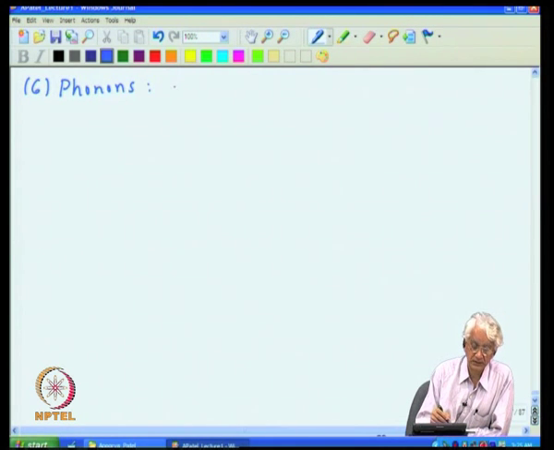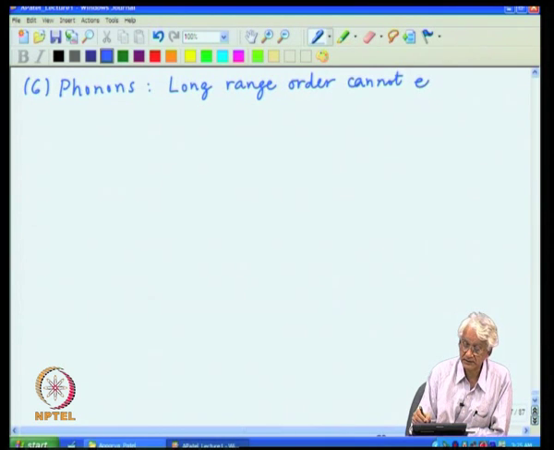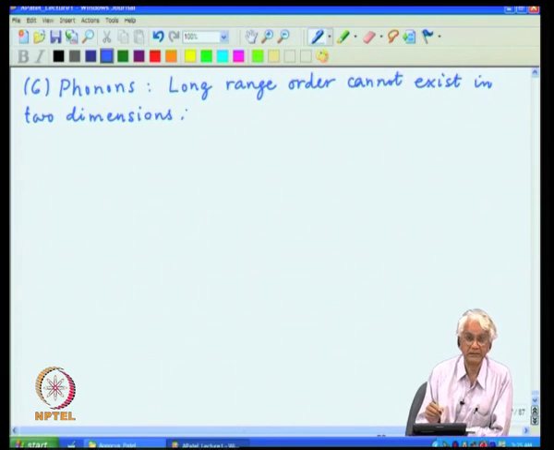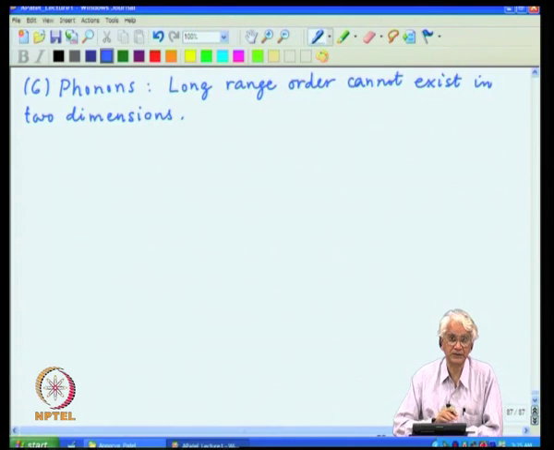And there is a strong theorem in case of two space dimensions that so-called long range order cannot exist in two dimensions, unlike the situation in 3 dimensions.